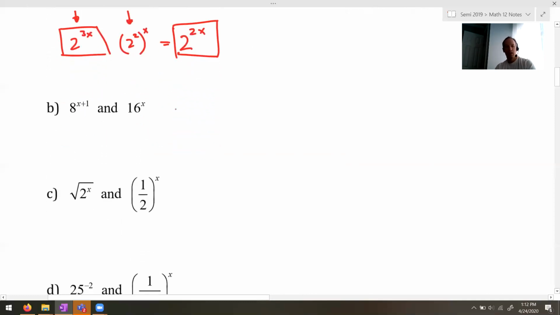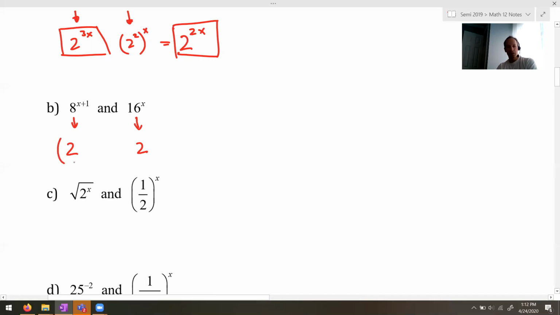For b, 8 to the power of x plus 1 and 16 to the power of x. Here you could write these both as powers of 8, or even both as powers of 16, but that's going to be tricky. The easiest thing to do is find the common power to them. It's sort of like a lowest common denominator in a way. This is going to turn best into 2 to the power of something, because this can also turn into 2 to the power of something.